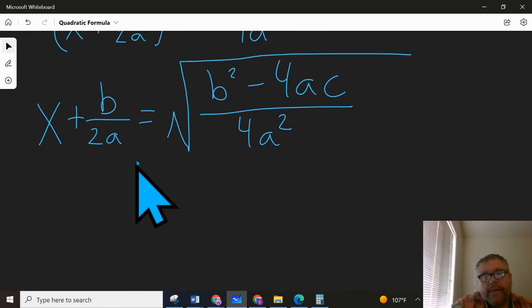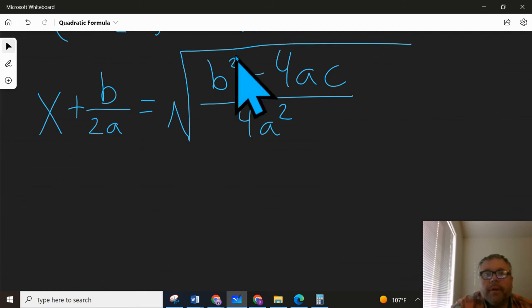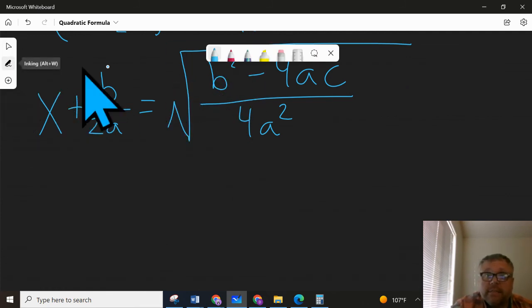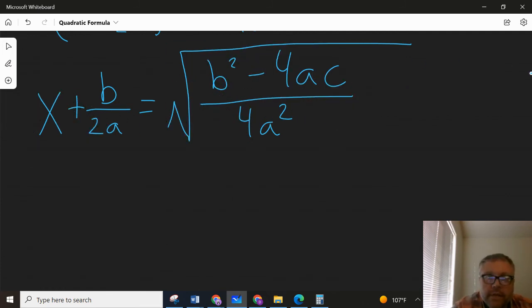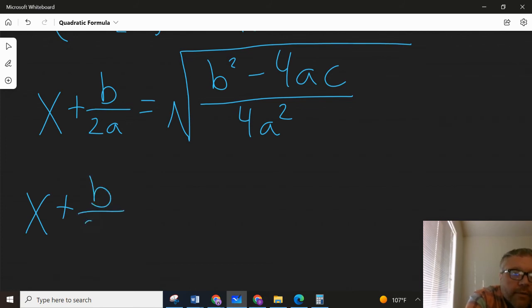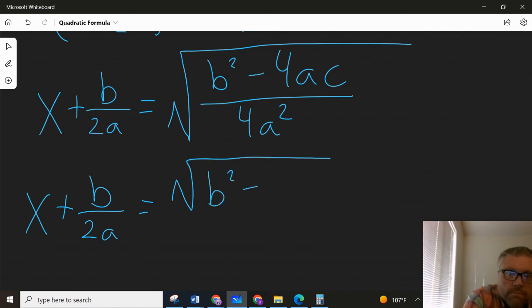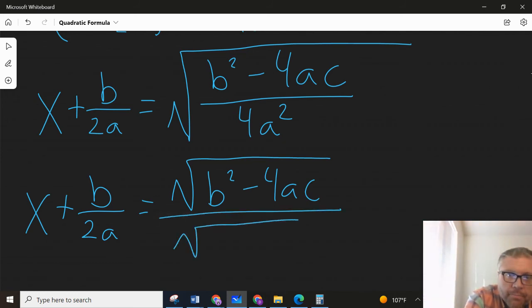So you'll see on the right here, I have a quotient being raised to an exponent. The square root is an exponent, an exponent of 1/2 to be exact. All the exponential properties certainly apply here. So what I'm getting at is that I can rewrite this with a square root on top and a square root on the bottom.